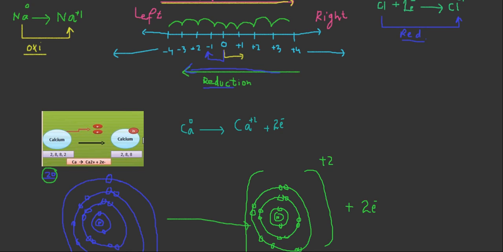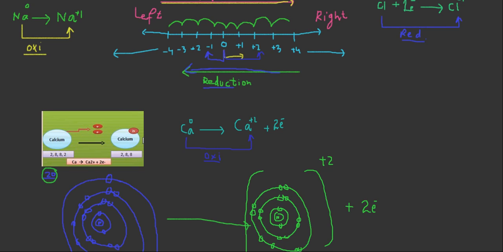So what do you mean by this? Calcium is converted from 0 to plus 2 charge. 0 to plus 2 means oxidation, an increase in oxidation state. So this is known as oxidation. It means oxidation is being carried out at the calcium atom.